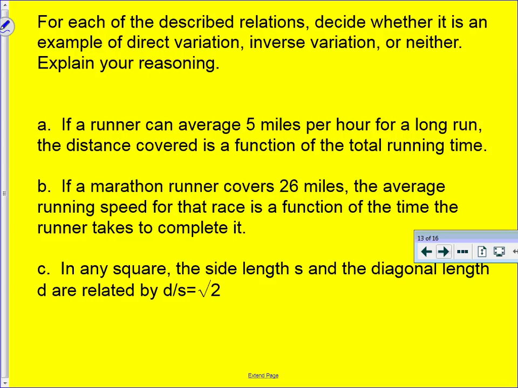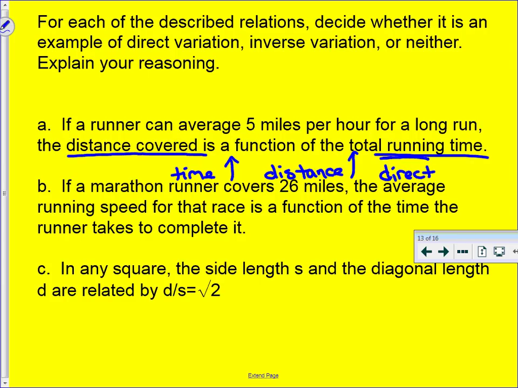So we're talking about the distance covered and the running time. As our time increases, what happens to our distance? Our distance goes up as well. Both of our variables are going up, which means we have a direct variation example with our runner.